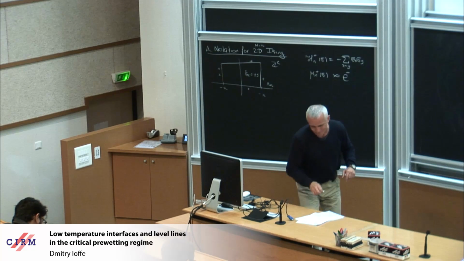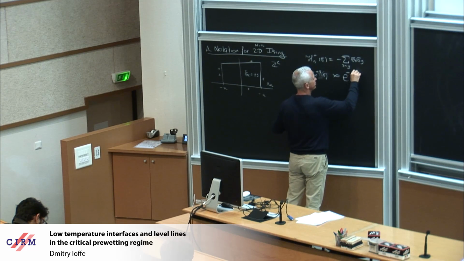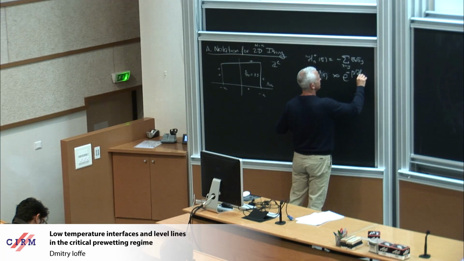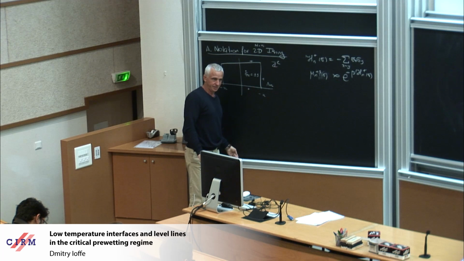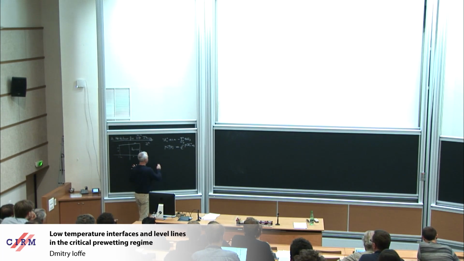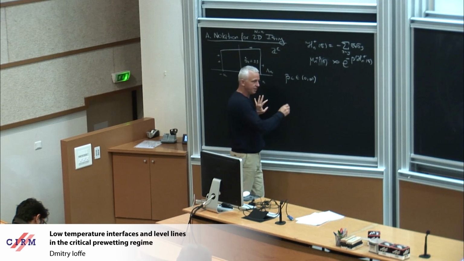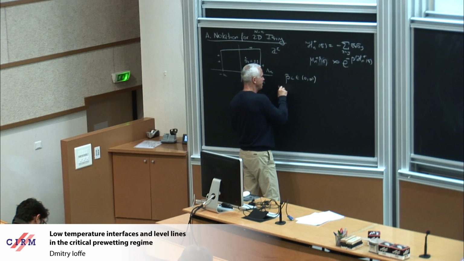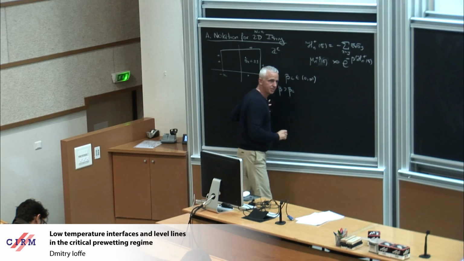mu_Λ^+, which will be just e to the minus beta H of sigma. Yeah, beta is important here. This is the measure. Two things which are important: there's some beta critical in 0 to infinity, and for beta larger than beta critical, we have two types of order parameters.